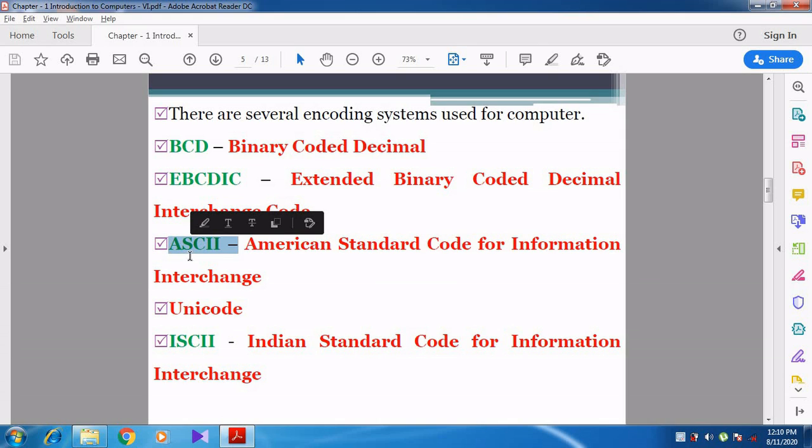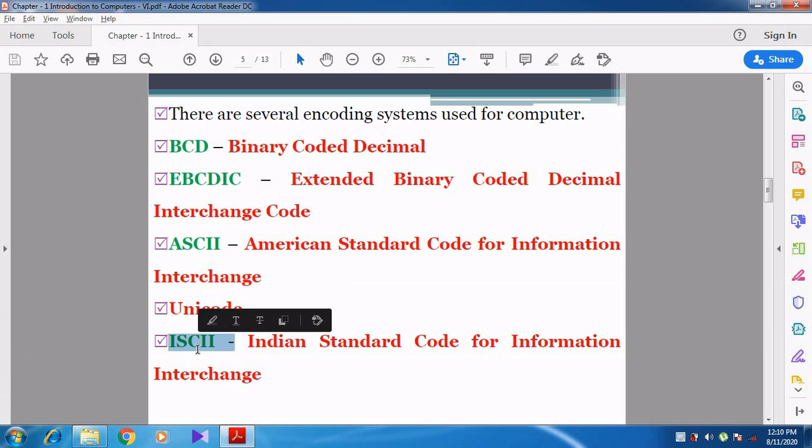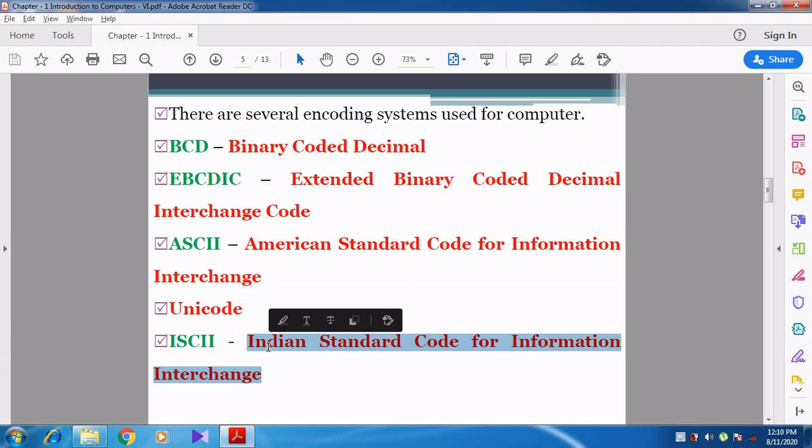Then we know very well ASCII, the format we are now using: American Standard Code for Information Interchange. Then Unicode. Then ISCII, Indian Standard Code for Information Interchange. So these are all the several encoding systems.